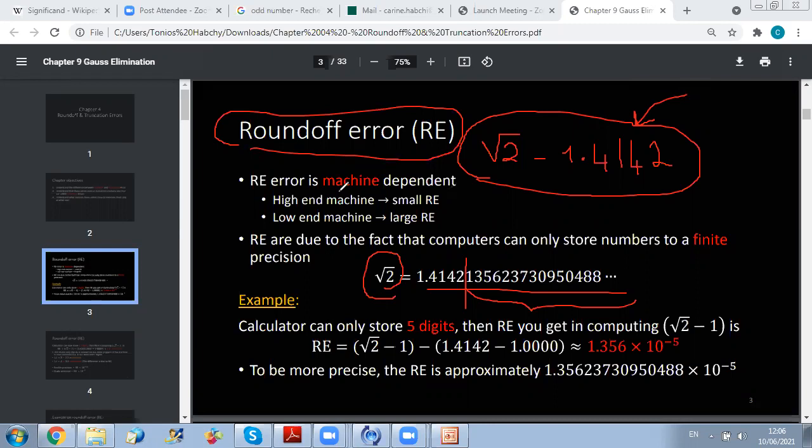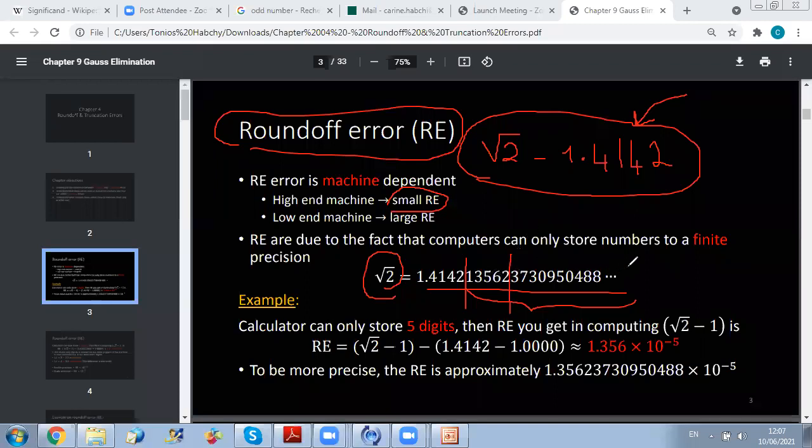If it's a high-precision or high-end machine, it can store a high number of digits, and then the error will be small, because the higher the number of digits I can read, the lower my error. For example, with a calculator that can store 10 digits, I count 1, 2, 3, 4, 5, 6, 7, 8, 9, 10, so I can read until this point.